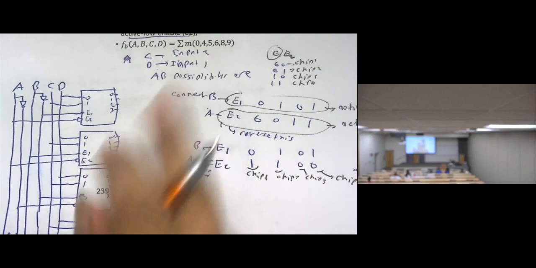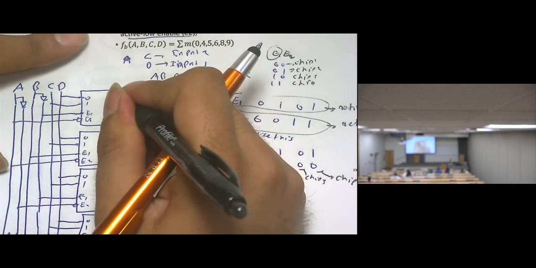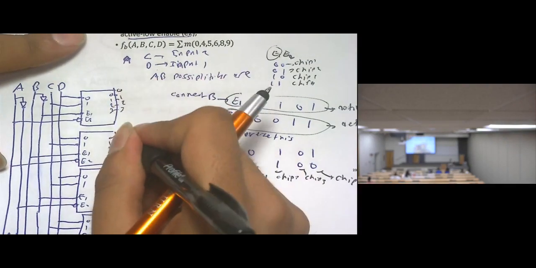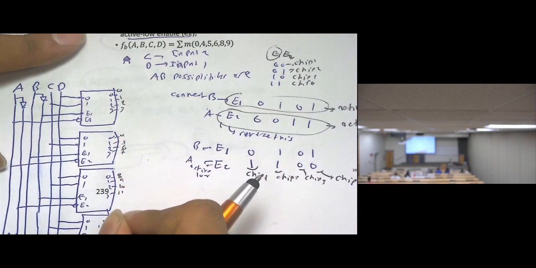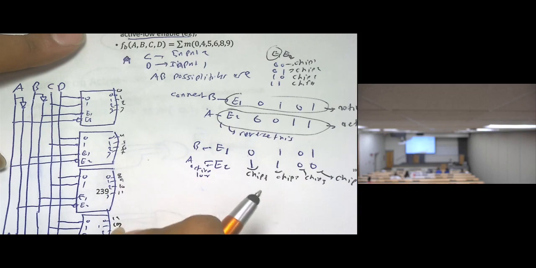Now, after connecting those, let's implement the function. Here I'm going to say this is 0, 1, 2, 3, 4, 5, 6, 7, 8, 9, 10, 11, 12, 13, 14, 15.